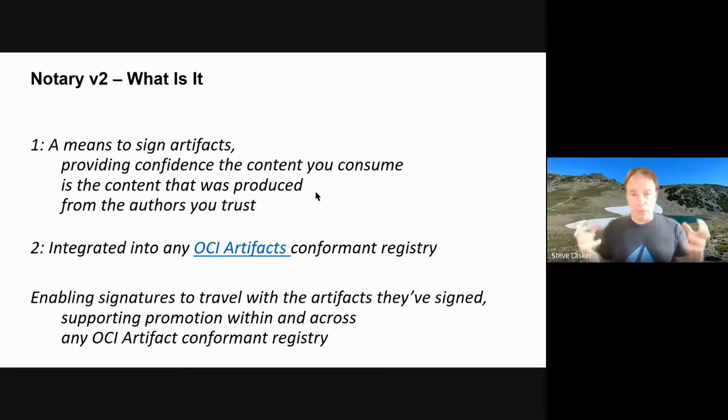You want to be able to put these artifacts in a registry, and we want our users to have confidence that the content they consume is the content produced by the authors you trust. That's kind of our headline, if you will. I made it up yesterday, so we'll see if it sticks. Like I said, we want to make it available in any OCI artifact registry, and make it easy for the signatures to travel with the artifacts. Of course, we're talking mostly about images, but there are a lot of other things in registries as well.